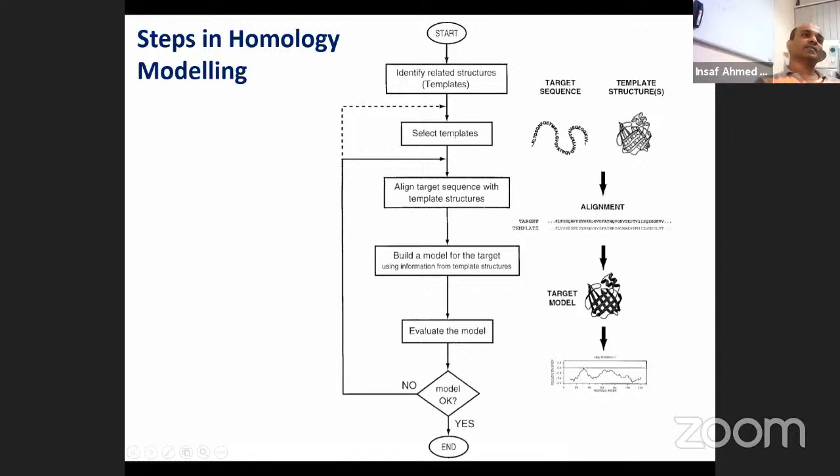For structure validation, a very important factor is the Ramachandran plot. I hope all of you are aware of the Ramachandran plot. It gives information about the torsion angles. Because in amino acids, if you see the main chain, it is basically linear, but the side chain is highly flexible.